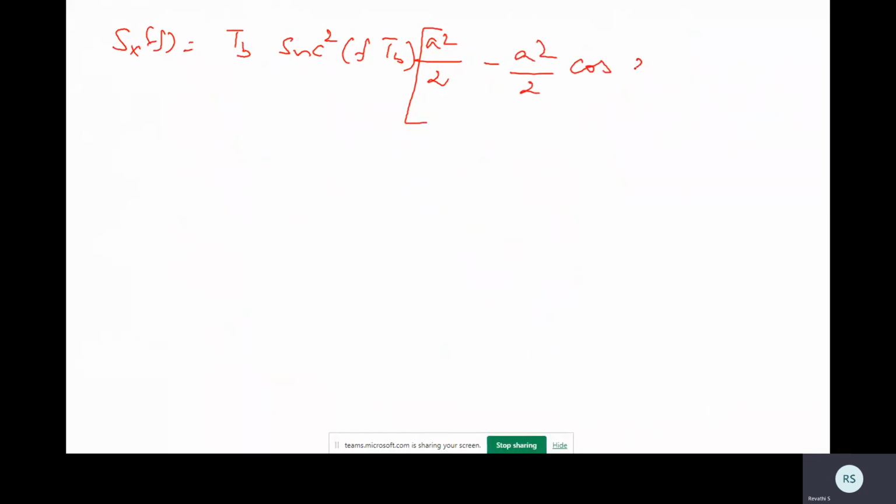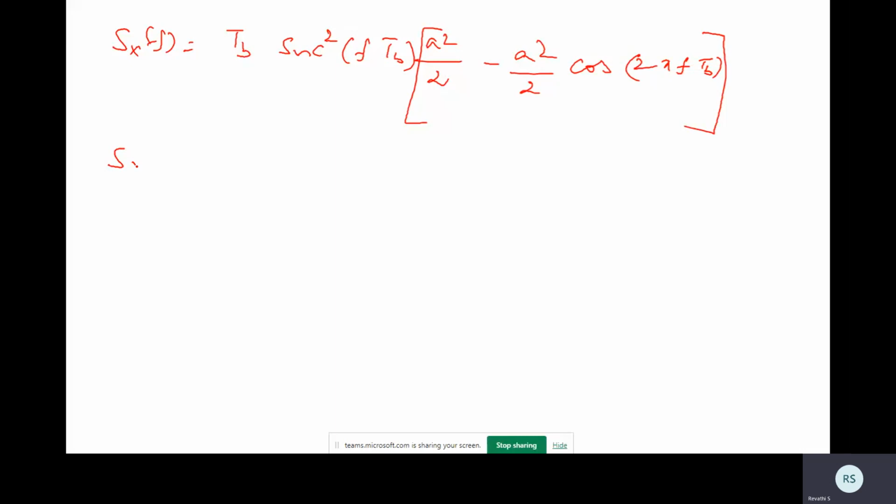So this can be written as Sx of f equal to tb sinc square of ftb times of a square by 2 minus a square by 2 cos of 2 pi ftb. You can take a square by 2 as a common.